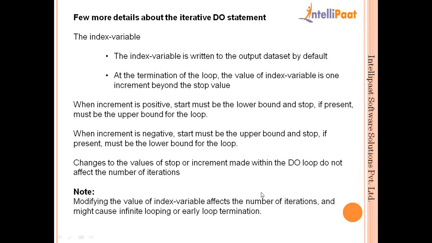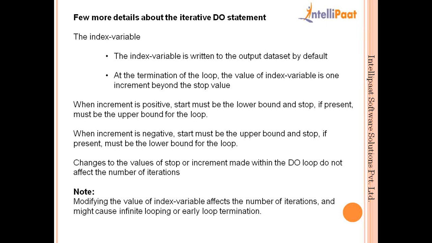All right. And the next thing, or the specific point which we can discuss, is that changes to the values of stop or increment made within the do loop do not affect the number of iterations. So I will repeat, changes to the values of stop or increment made within the do loop do not affect the number of iterations.